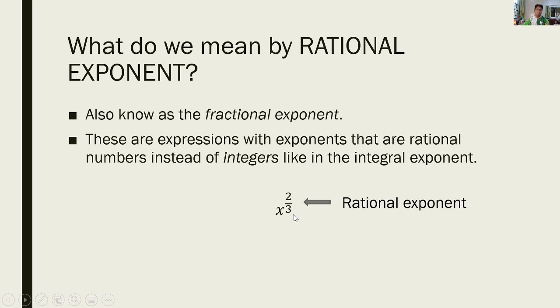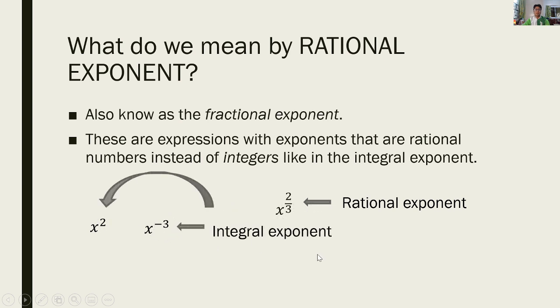Comparing it to the previous given that we have dun po sa ating lesson, these are the given x squared and x raised to -3. If you notice these exponents, we have here now whole numbers. It doesn't matter if we have here now positive or negative. We have here now whole numbers. And these are examples of integral exponent.